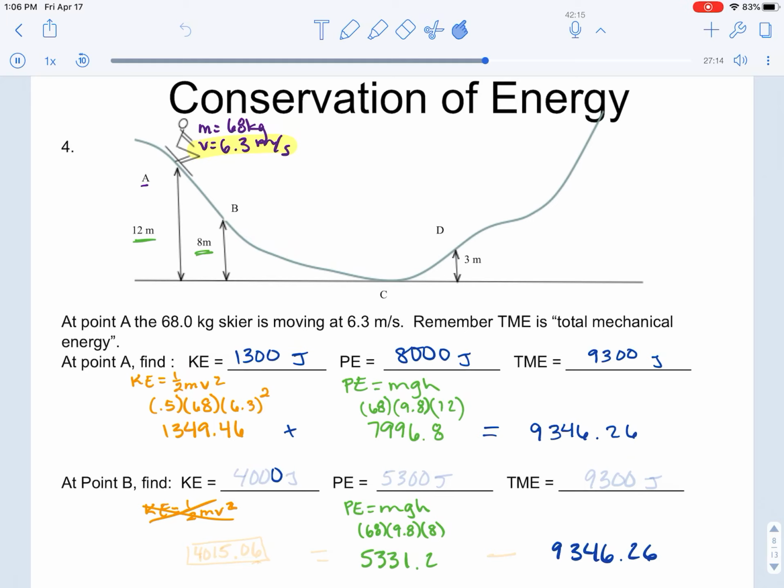So here's where understanding that conservation of energy is all we need to understand. If this is my total, I'm simply going to work backwards.